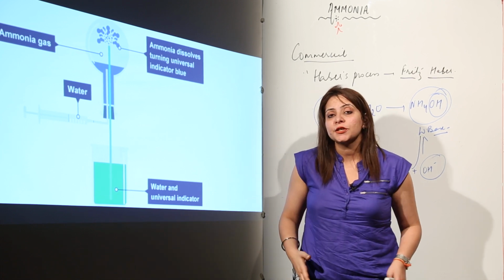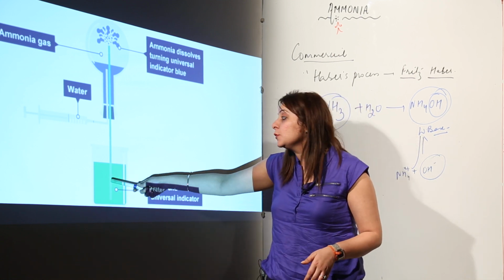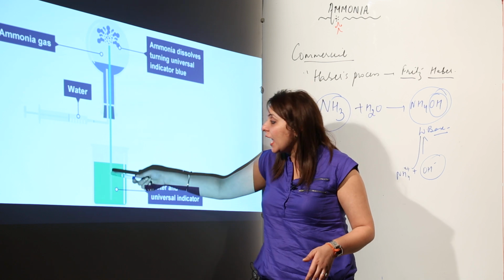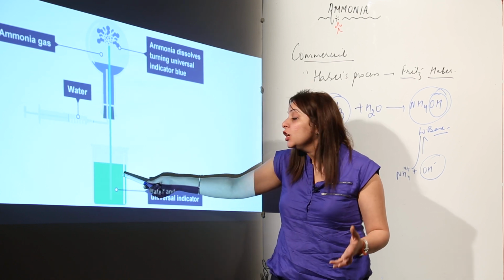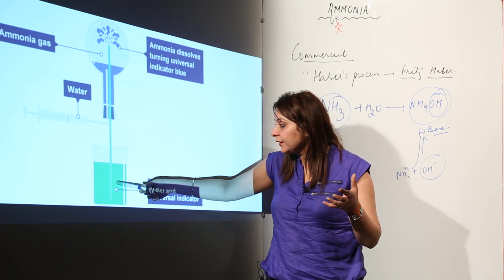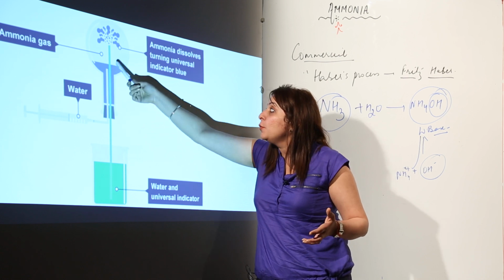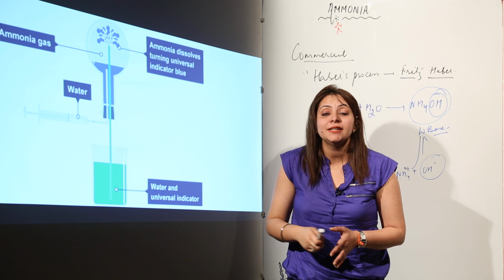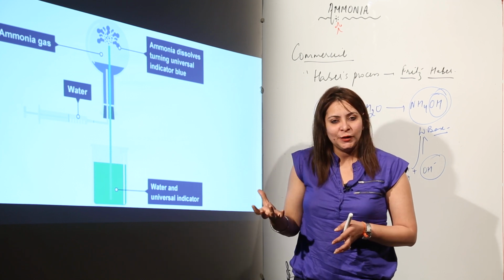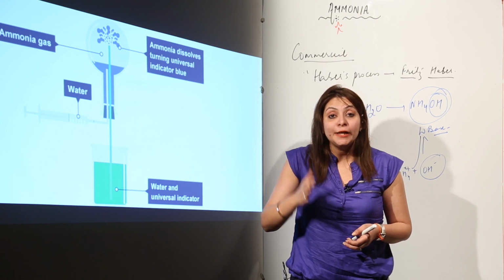That higher atmospheric pressure is going to force the red litmus solution to rise up, and it rises with great force and emerges as a blue fountain in the round bottom flask, indicating that yes, the ammonia is being converted into ammonium hydroxide, and the nature of ammonium hydroxide is basic.